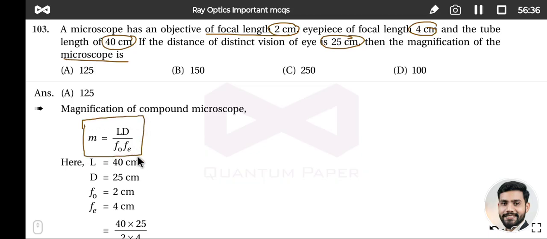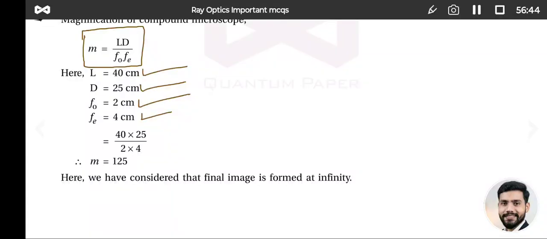Length is given 40, D is given 25, fo is 2, fe is 4. If we put all these values, we get 40 × 25/(2 × 4). So 4 tens are 40, 2 fives are 10, so 25 × 5, which is nothing but 125. So the answer is 125, which is option A.